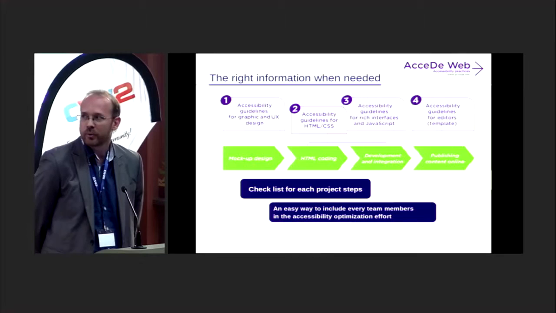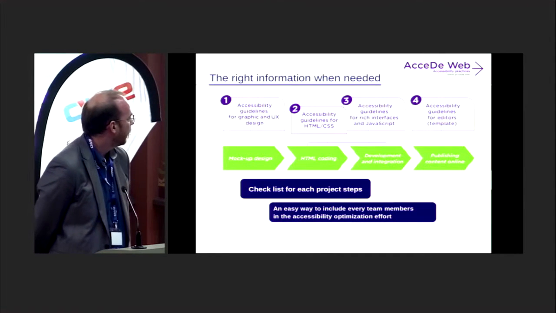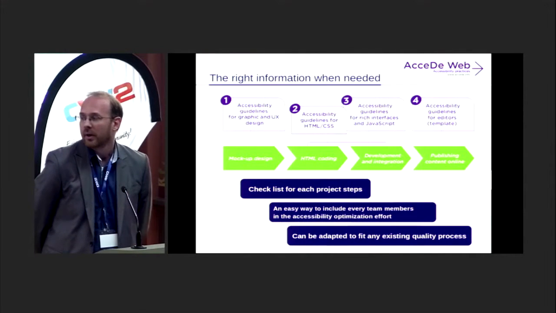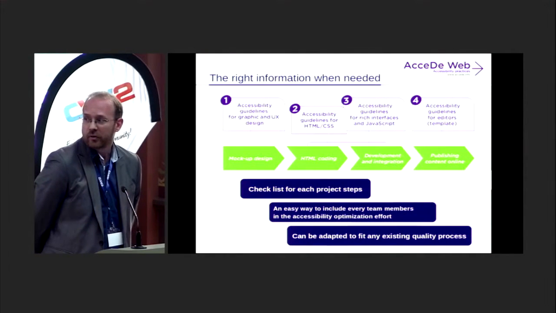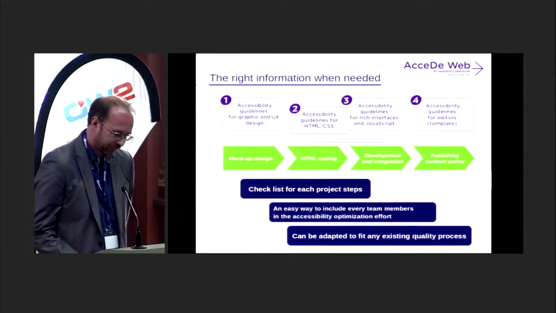Going through the design guidelines from AcceDe Web is actually quite simple, and it's just a set of rules that is going to help the whole team make the website a lot more accessible, which is really important. And of course, like I said earlier, it can be adapted to fit any existing quality process. So you can use every guideline and every recommendation in whatever quality process you have going on.